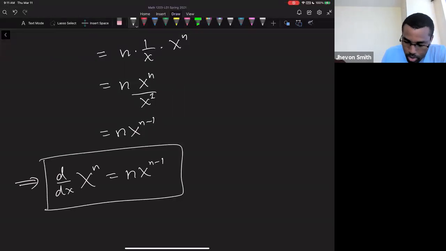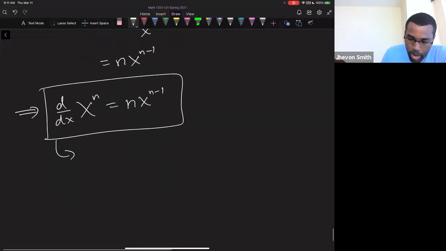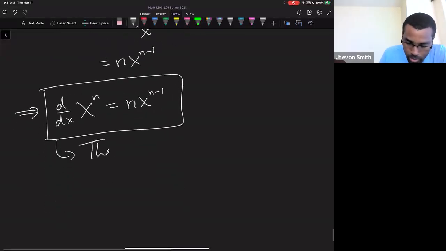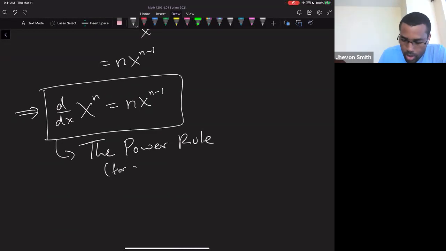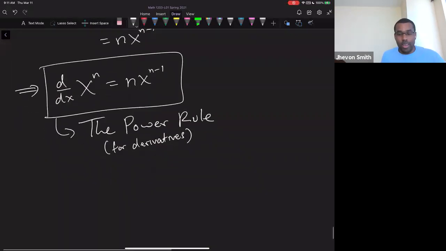This is a very important rule. This is called the power rule. There's one for integrals, but usually when someone says power rule, they're talking about derivatives. So that's the power rule. That's how you differentiate x to a power.